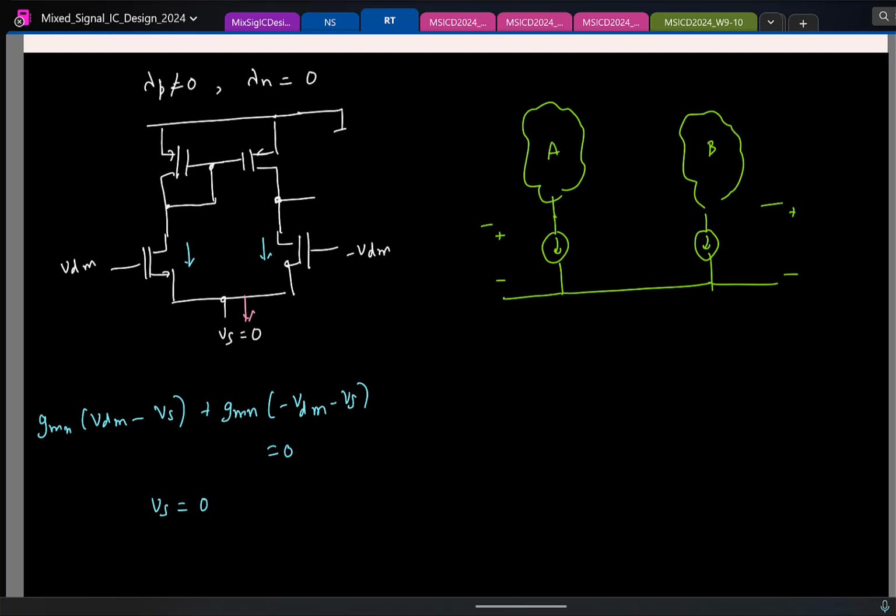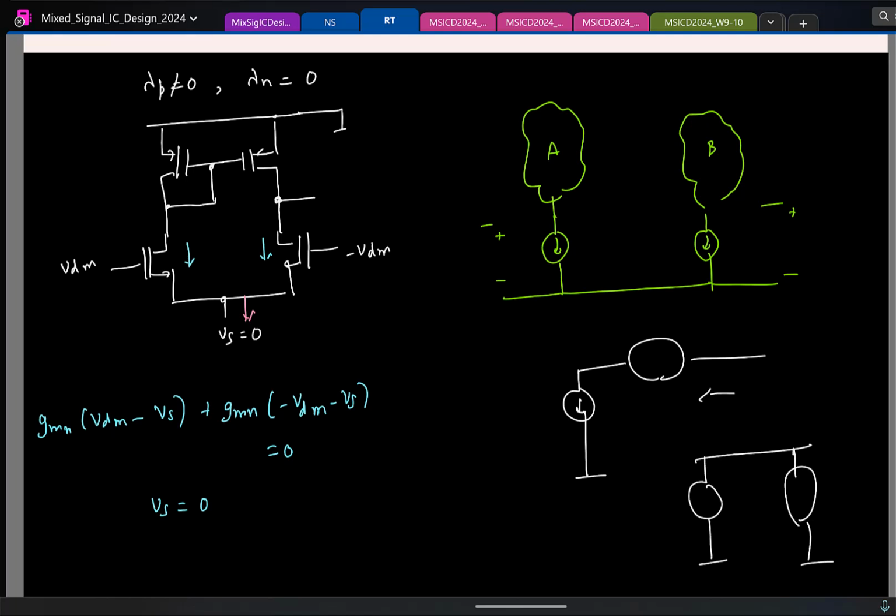Okay, but remember that I have a current source, and whatever is asymmetrical is actually coming in series with the current source. Now if I have a current source and I put something in series with it, do you think the current changes? Right? Similarly, if I have a voltage source and I put anything in parallel to it, does the voltage change? Because we have ignored lambda, this is like an ideal current source.